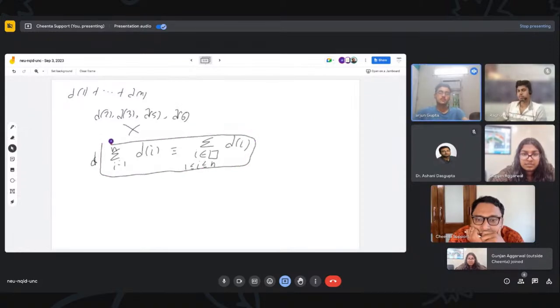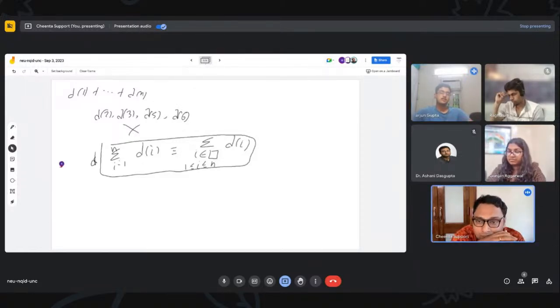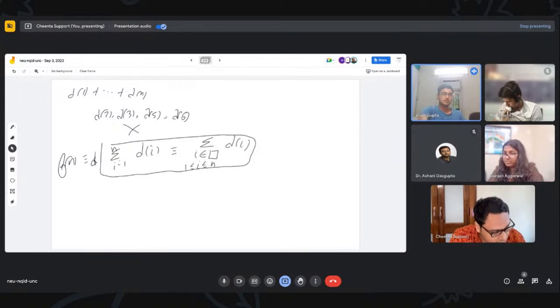From this equation the previous claim is immediately clear: the parity of Fn is the same as the number of perfect squares less than or equal to n. So this was our main claim.